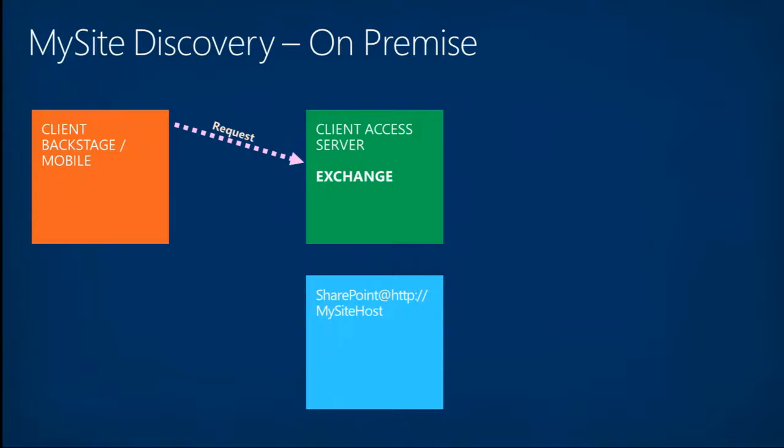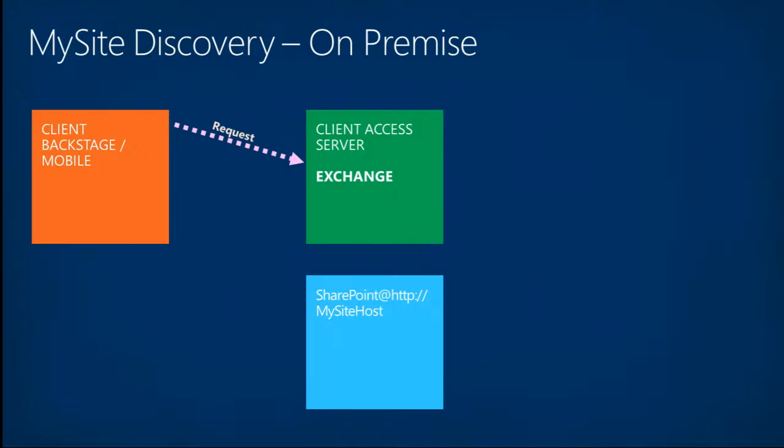We have this implemented on the phone and on the Office client. So when, for example, you load up the Office 2013 Word client application, at the time of launch we have a piece of logic which will try to discover the user's MySite.